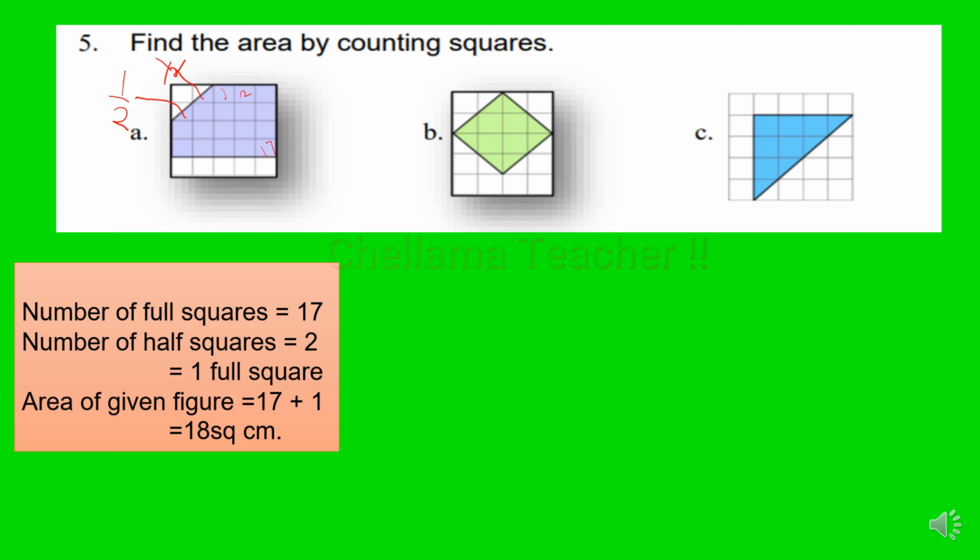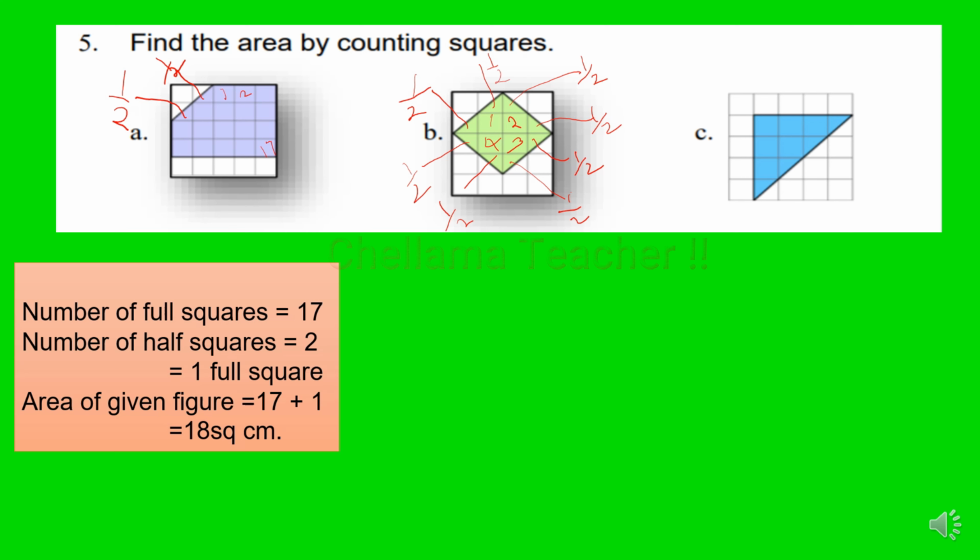For the picture B, how many squares? 1, 2, 3, 4 full squares are there and then half squares. How many half squares? 1, 2, 3, 4, 5, 6, 7, 8.